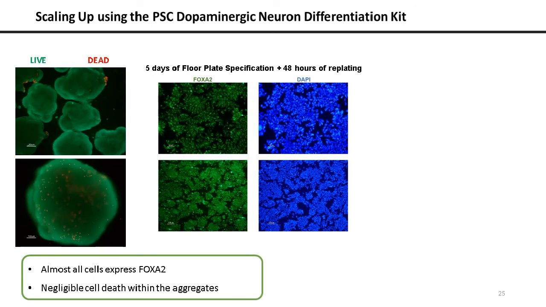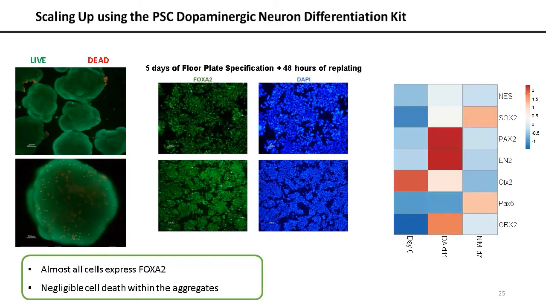We also analyzed the aggregates that we obtained by day 11 doing a live dead assay, and again we have negligible cell death within the aggregates. And the curious thing is that we compared by real-time PCR samples from pluripotent stem cells, from cells recovered at day 11 using the dopaminergic neuron differentiation kit, and cells from day 7 using the neural induction medium.